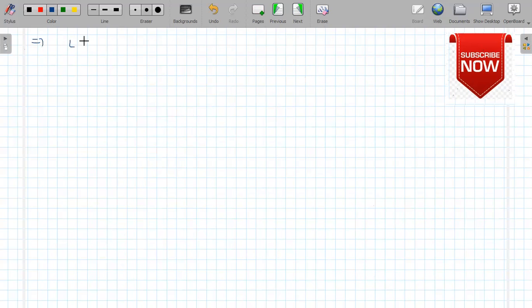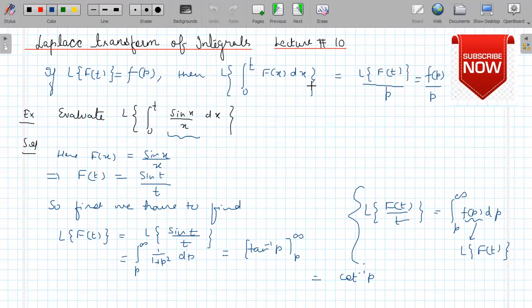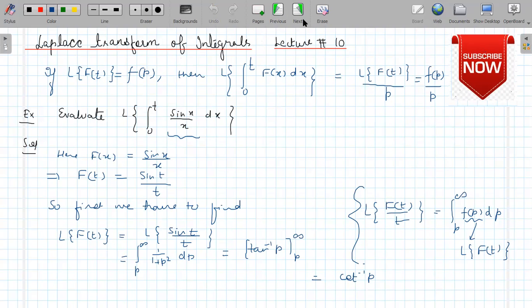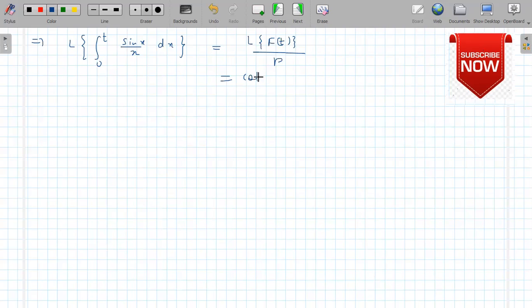This implies Laplace of integration from 0 to t of sin x divided by x dx, which is defined as Laplace of f(t) by p, and Laplace of f(t) is cot inverse p, divided by p. This is the answer.